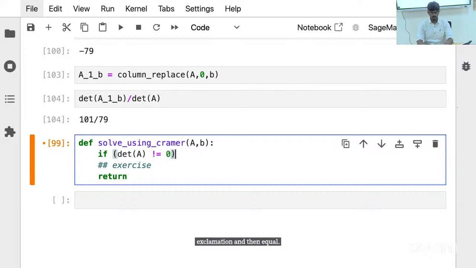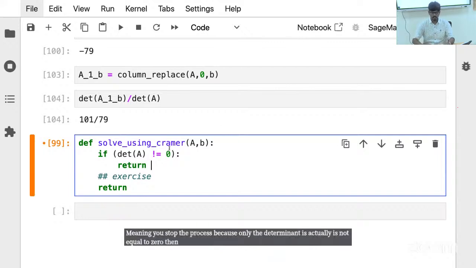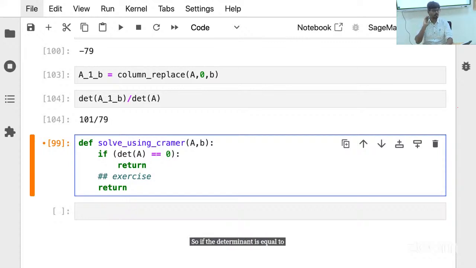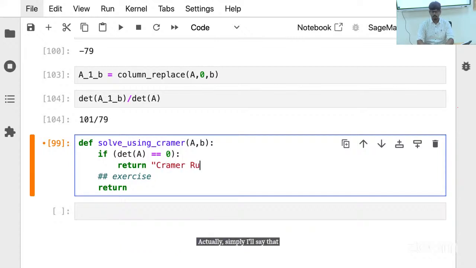Then you simply directly return, meaning you stop the process, because only if the determinant is not equal to 0 can we do it. Obviously, I should do the other way around. If the determinant is equal to 0, then don't do anything. How do I say don't do anything? Simply I'll say that Cramer rule is not applicable.